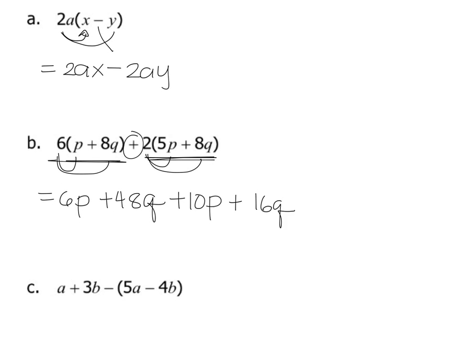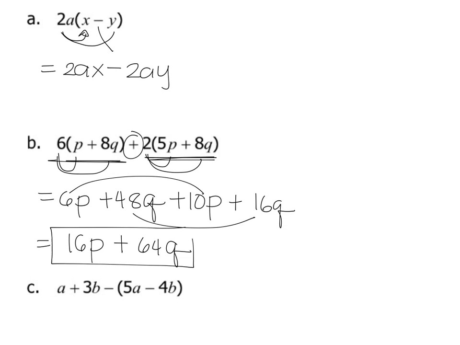And then add the expressions. So similar terms are 6p and 10p, that will be 16p, and 48q plus 16q is equal to 64q. So the final answer is 16p plus 64q.